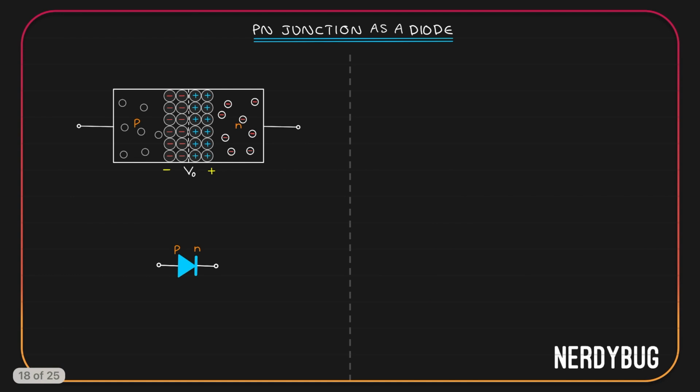Let us again take the PN junction in equilibrium. This is the P side, this is the N side, and V naught is our barrier potential. We know the P side is created by adding trivalent impurities. Because of that, the majority carriers in the P side are the holes, but we know there are still electrons there.